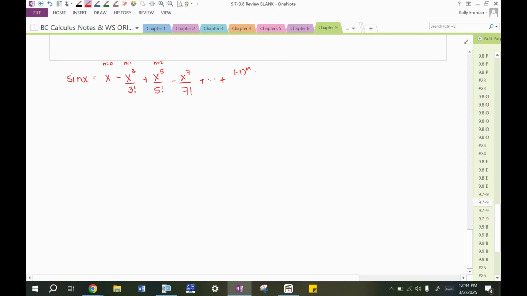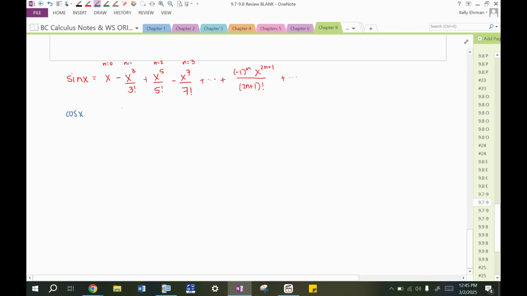So negative 1 to the n, x to the 2n plus 1, so that makes this, 2 times 3 plus 1 is 7. And it's over 2n plus 1 factorial. Make sure you put a plus dot dot dot after the nth term because the Maclaurin series does have infinitely many terms.